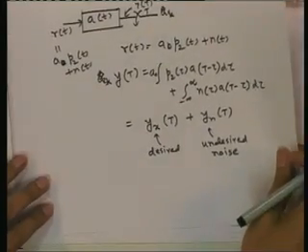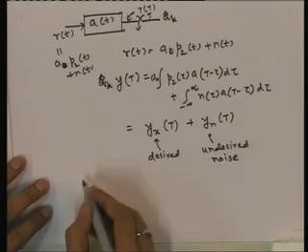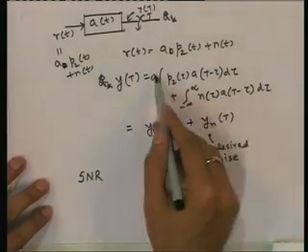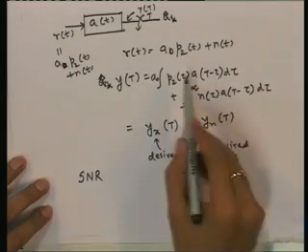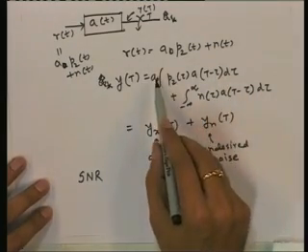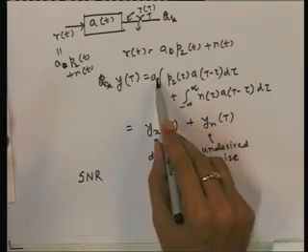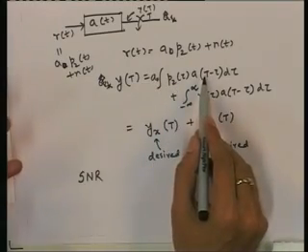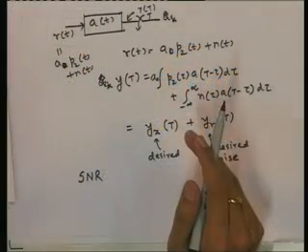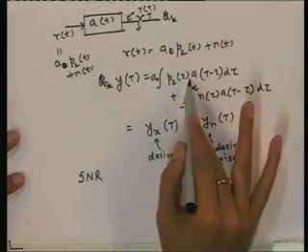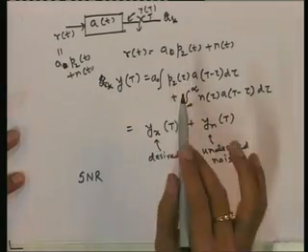So what is our SNR? If we have only this part, that is best, because from there we can estimate the value of A naught, since p(t) we know already, it does not depend on A naught, and a(t) we also know at the receiver. So we can compute this convolution beforehand and keep it as a constant, and just divide what we receive by that constant, then we will get A naught exactly.